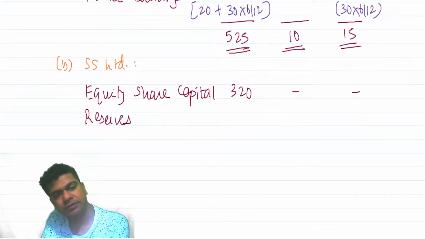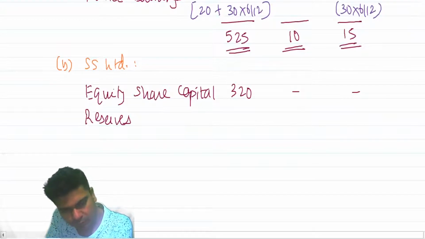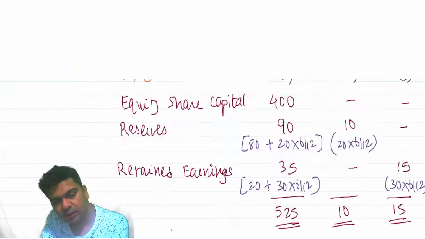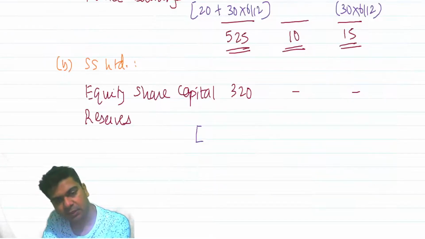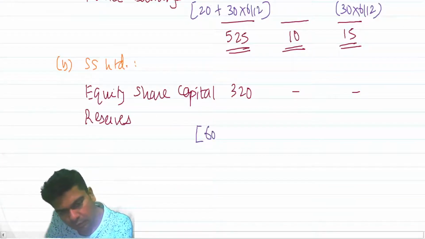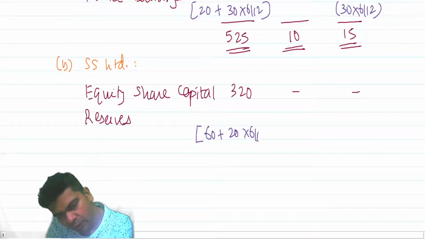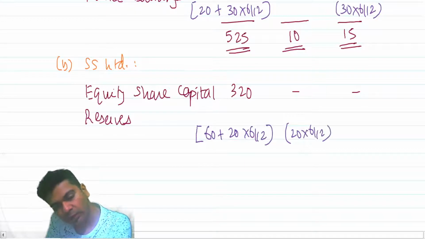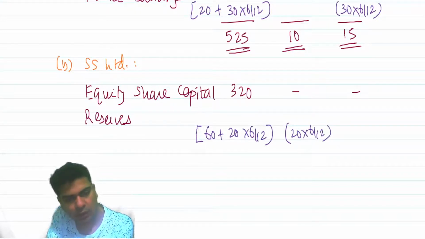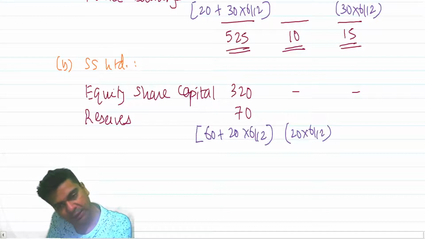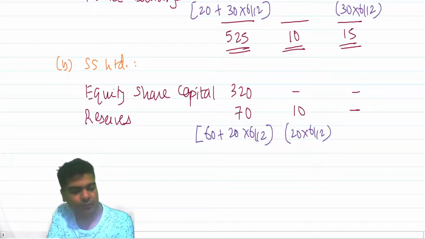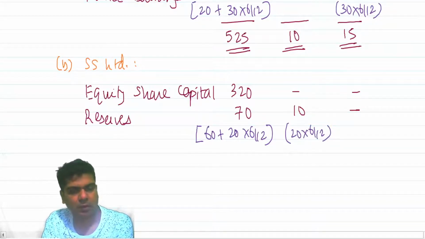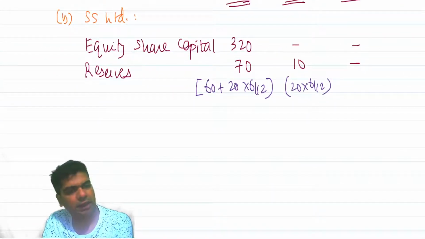Your reserves, the balance which is there is 60 plus 20 into 6 by 12. Here also 20 into 6 by 12. This will be 70. This will be 10. Retained earnings.